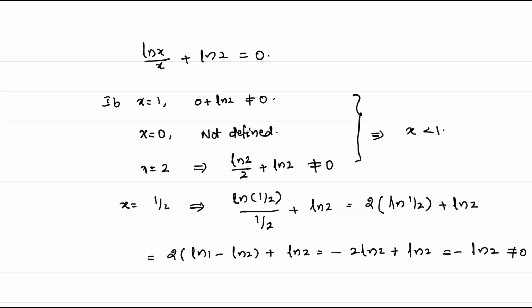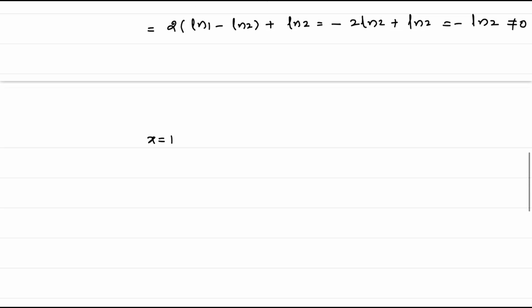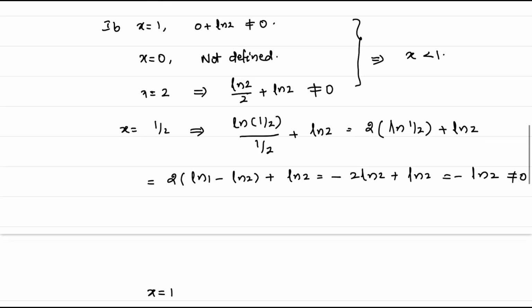That means because it has become negative, sign is changed. That means the value of x lies between half and 1. Please try to understand this step, it is very important.